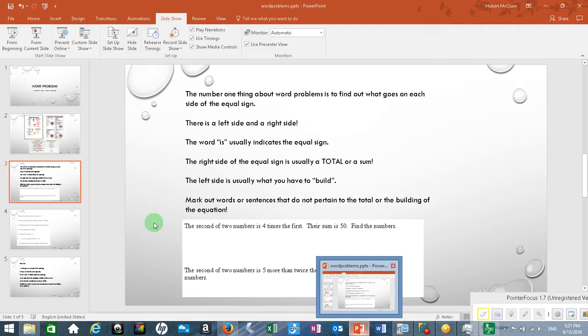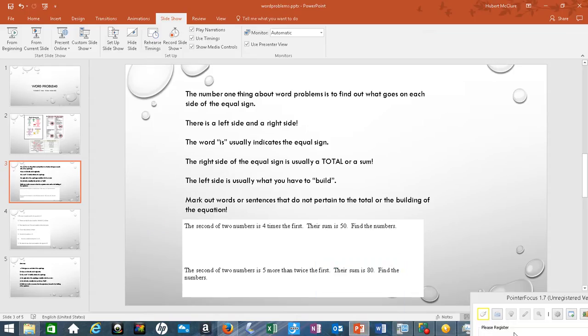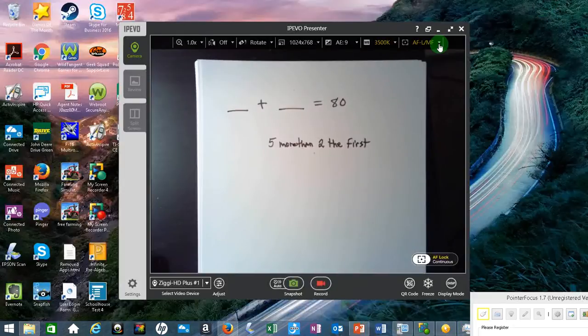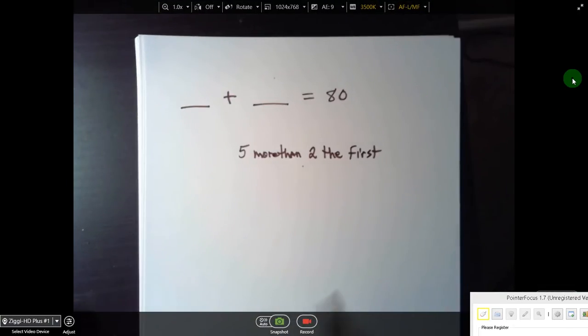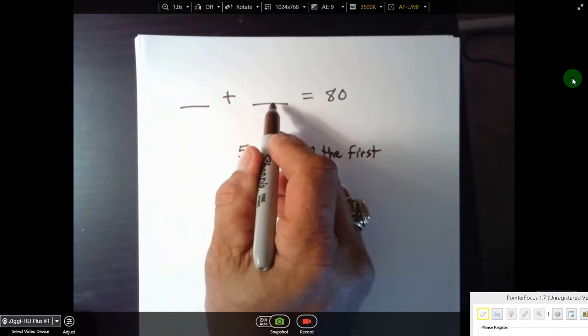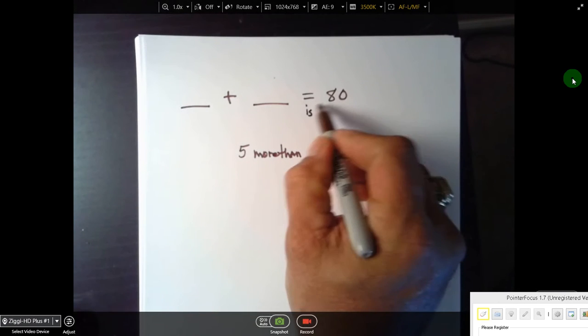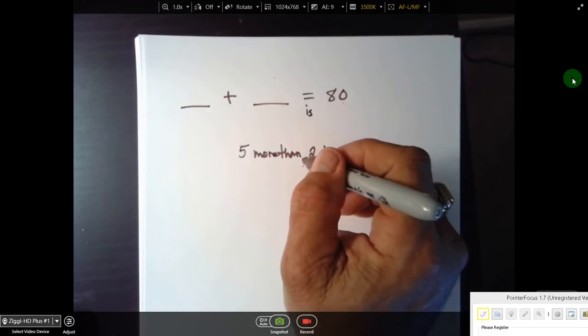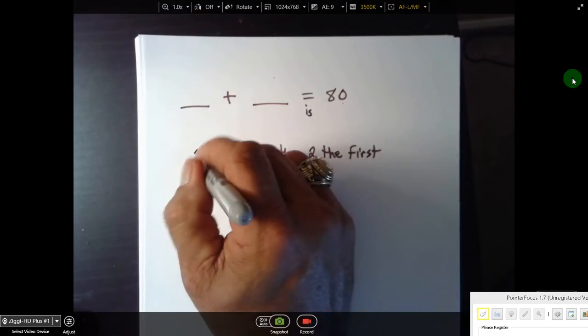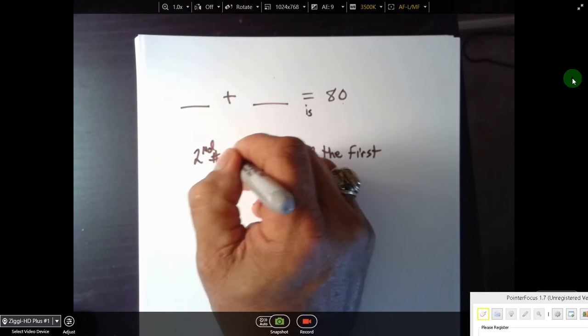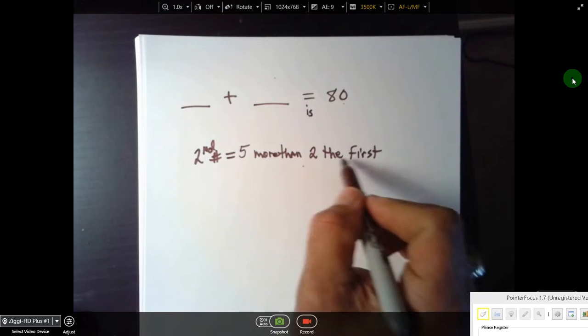The second number is equal to 5 more than twice the first.